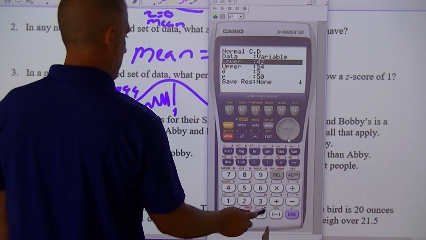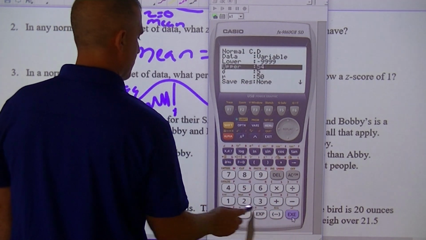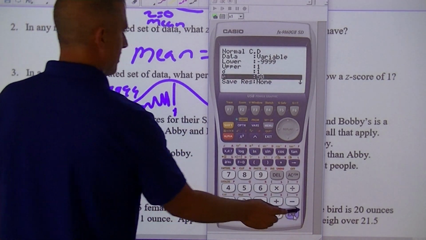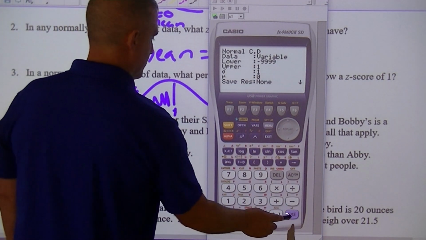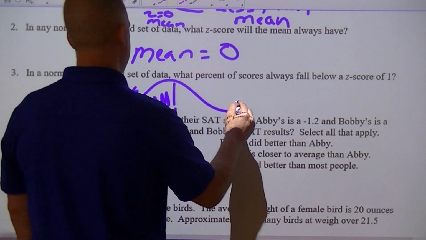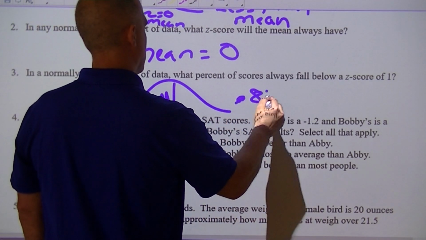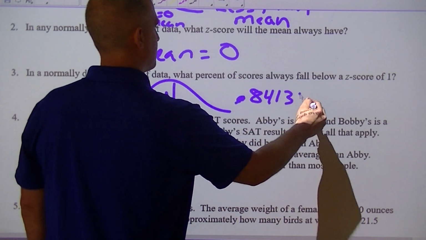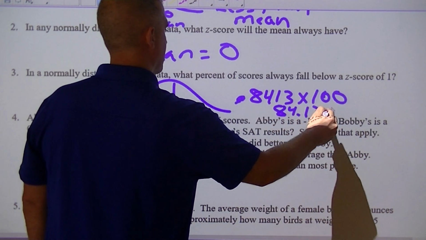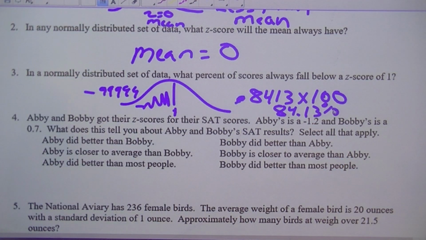I would use the lower being the negative 9s, the upper being 1. I don't know the standard deviation, so I can assume 1. Don't know the mean, so I can assume 0. Okay? So that's 0.8413. And then percentage means multiplied by 100, which would be 84.13%.